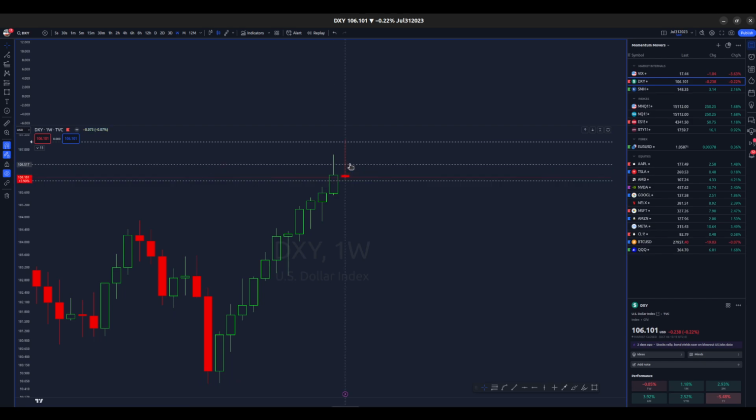This one is a red candle, but as far as consecutive weeks making higher highs and higher lows, forming the definition of an uptrend, even though we had our first red candle in 12, we have still maintained a very strong, very pronounced uptrend in the dollar. And that is very significant when you consider that a high dollar is a massive headwind for the markets.